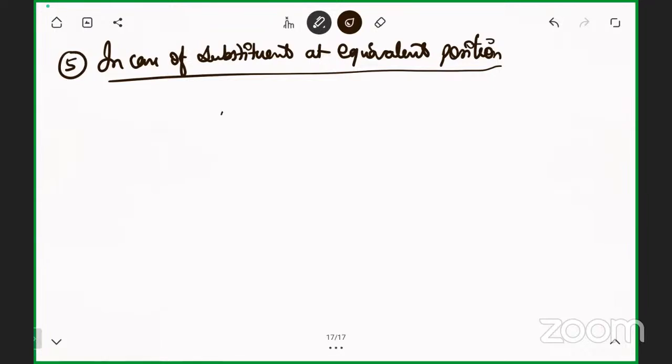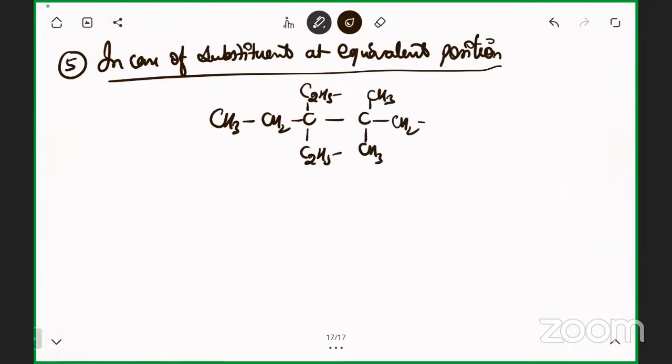For example, CH3, CH2, C2H5, here C2H5, then CH3, CH3, CH2, CH3. Now check and tell me from which side should I do the numbering?